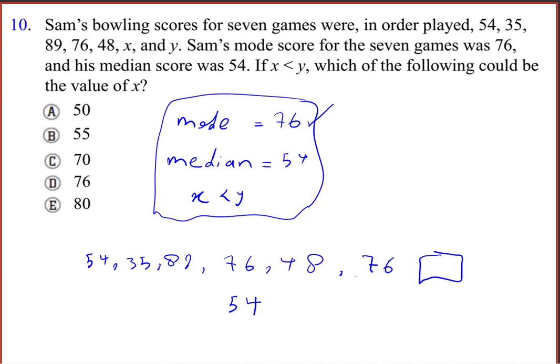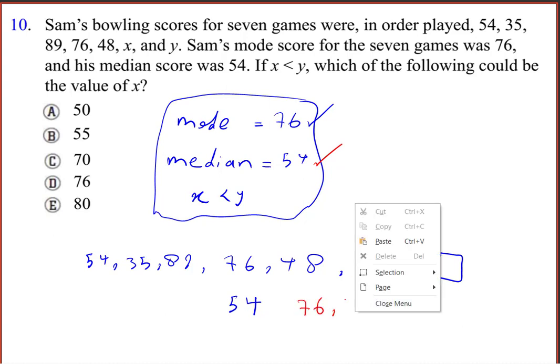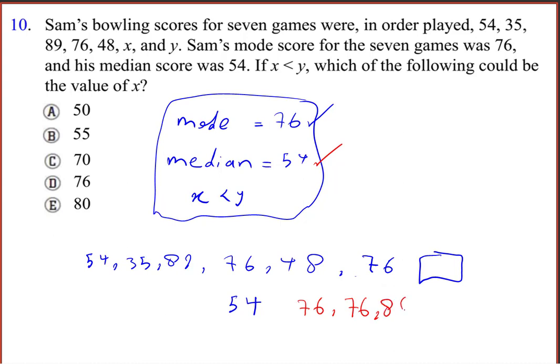This is the median. So we have 7 numbers. 3 of them will be more than 54 and 3 of them will be smaller than 54. So that's the definition of median. Median is the middle one. So 54, which ones are here more than it? 76, okay, another 76 and 89.